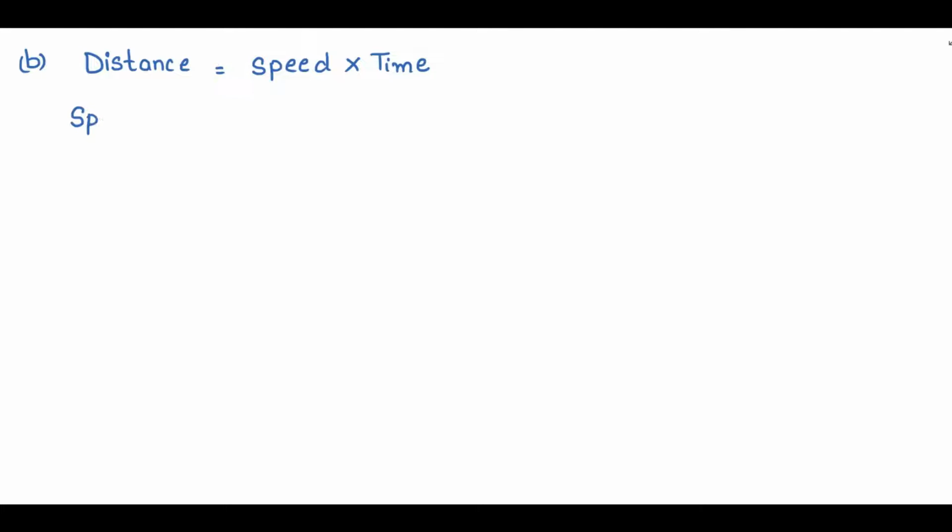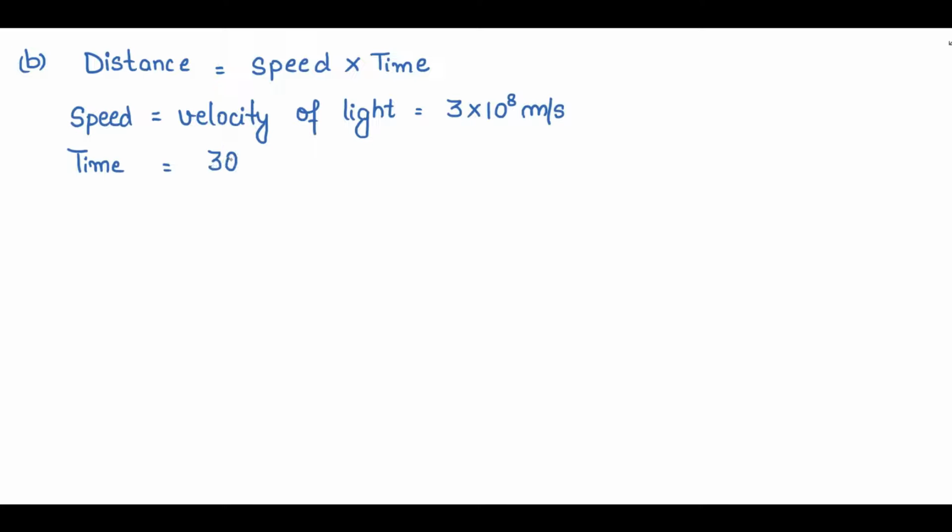So, you can write over here speed equal to velocity of light, and it is 3 into 10 raised to power 8 meter per second. Now time is 30 second, right? Simply put the values.